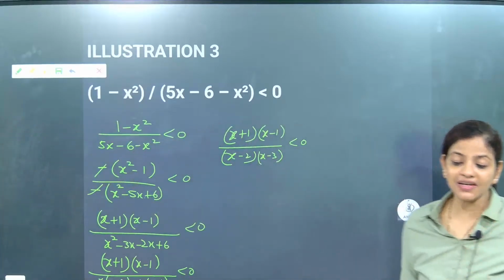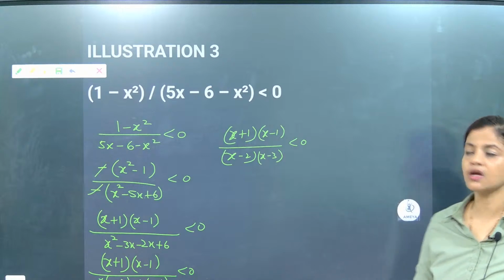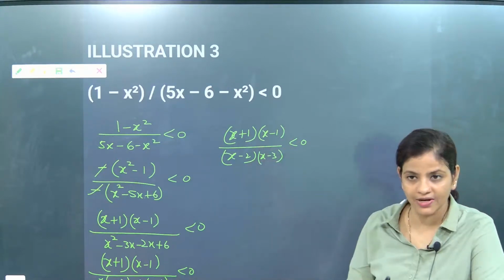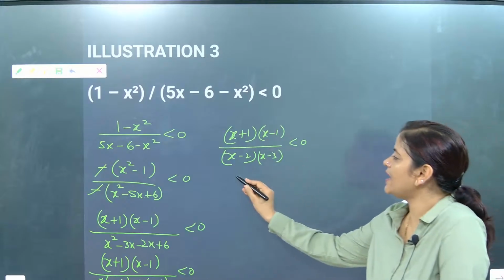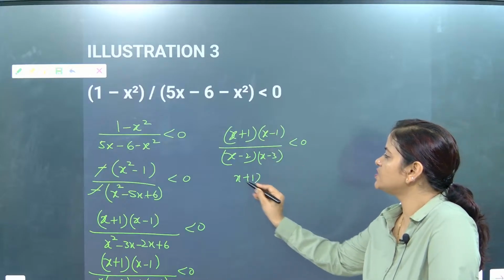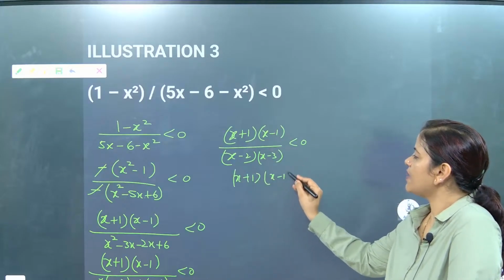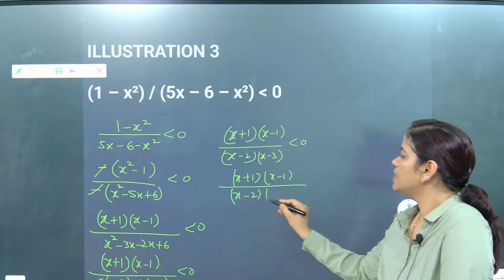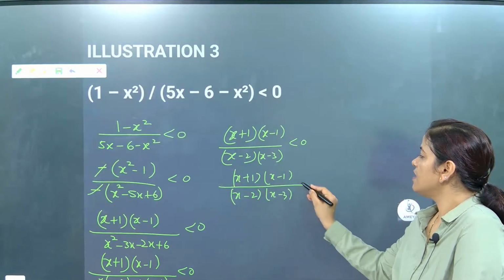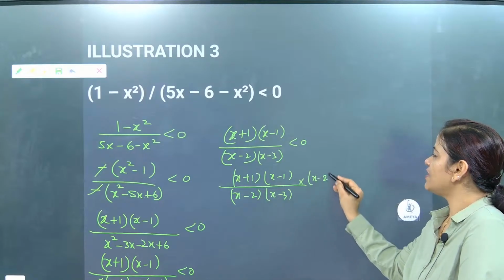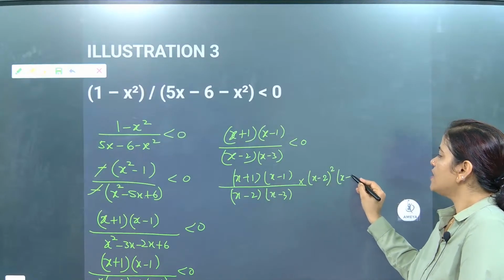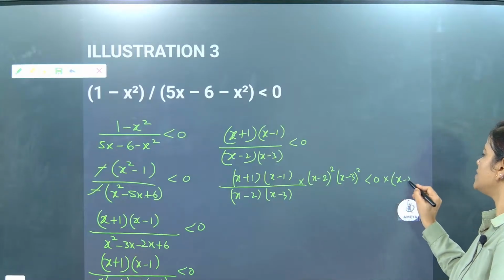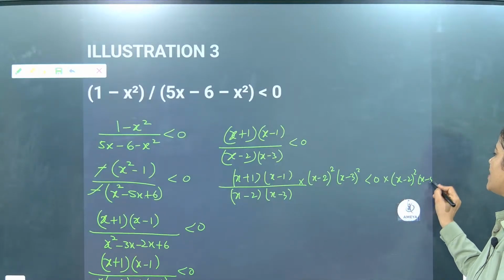So the best part here is we will do one work. Again I told you, whatever the degree written here, these two degrees are 1. So we will multiply up and down. The numerator is x plus 1, x minus 1, and here x minus 2, x minus 3 is there. We will multiply with x minus 2 whole square, x minus 3 whole square, and here also x minus 2 whole square, x minus 3 whole square.